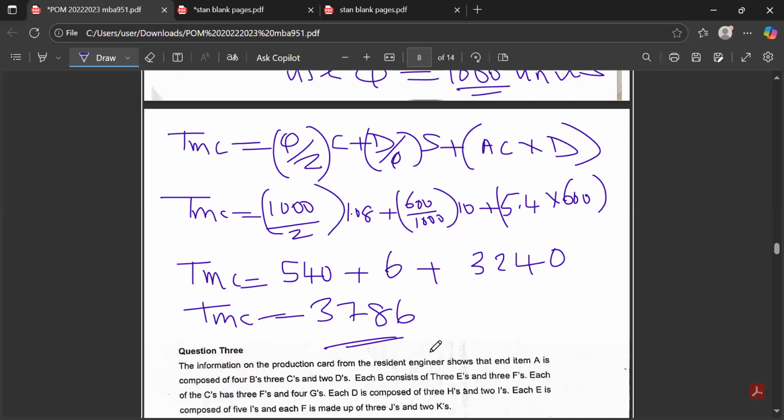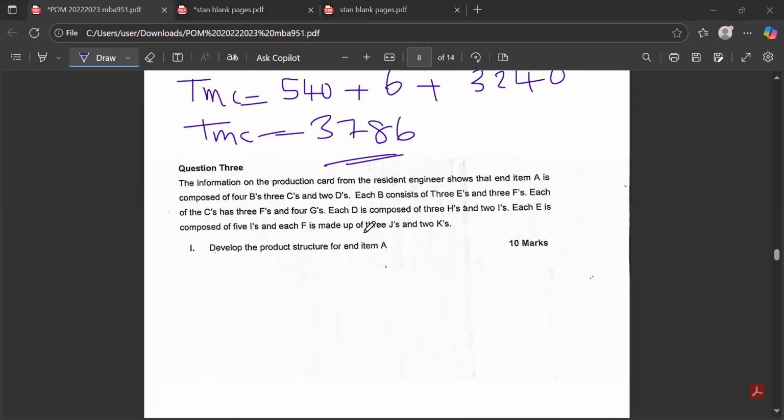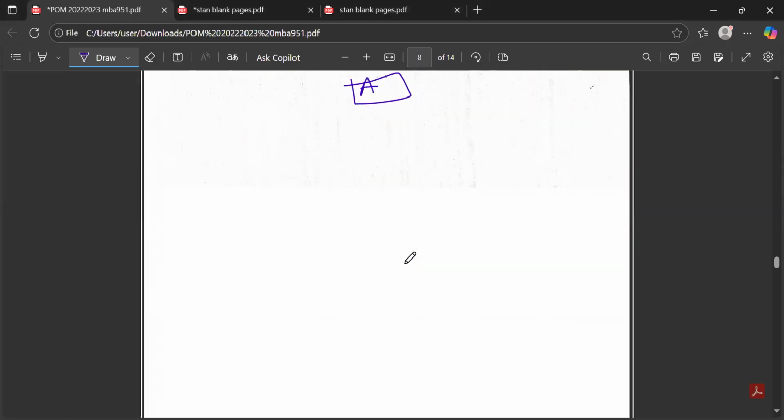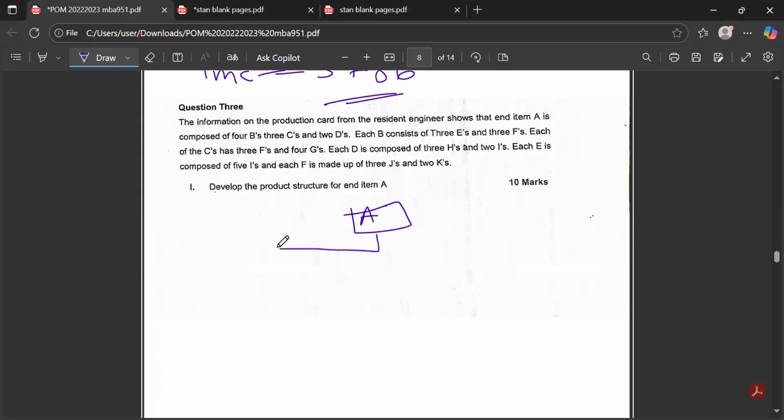All right, so now getting down to question 3. Question 3 says, information on the production card from the recent engineer shows that end item A is composed of 3 B's, so B is 3, and 2 D's, so D is 2.